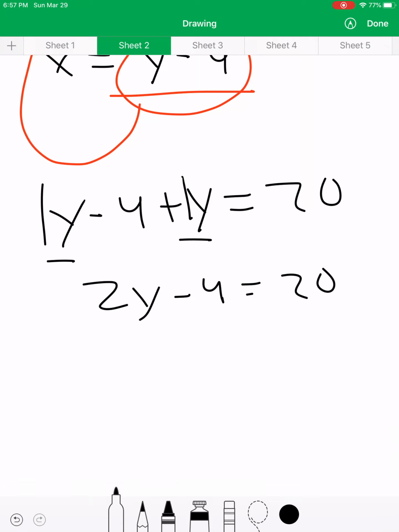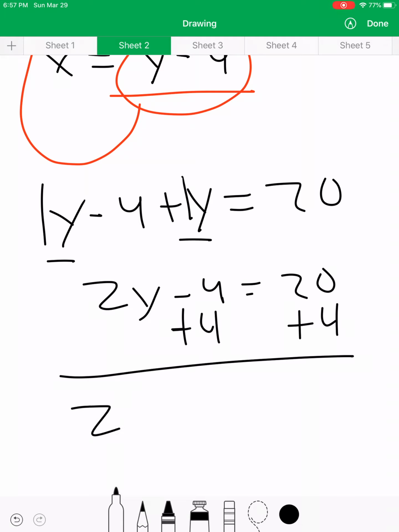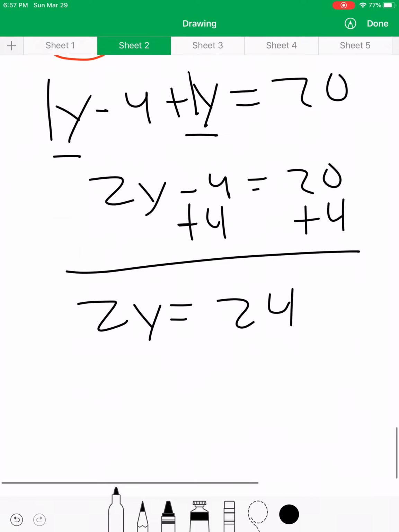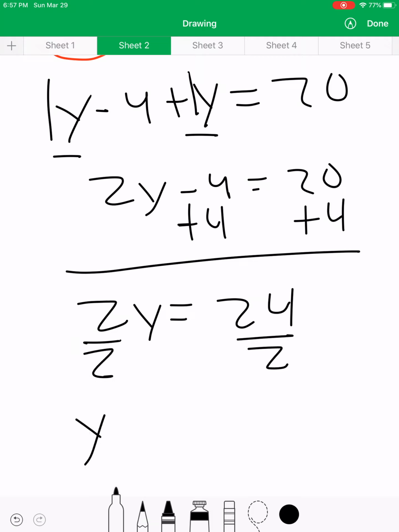Again, start on the side with the variable. Move the number without the variable by performing the opposite operation. So plus 4, 2y equals 24. Solve for y by doing the opposite operation once more. So therefore y equals 12, because 2 goes into 24 12 times.